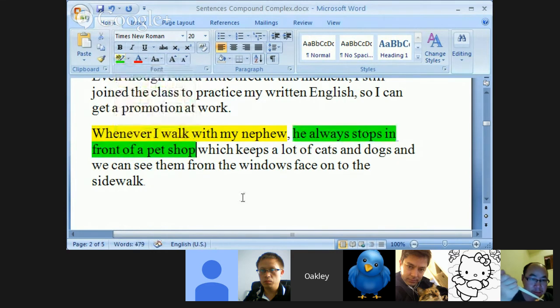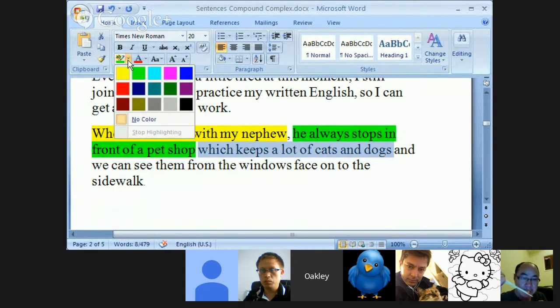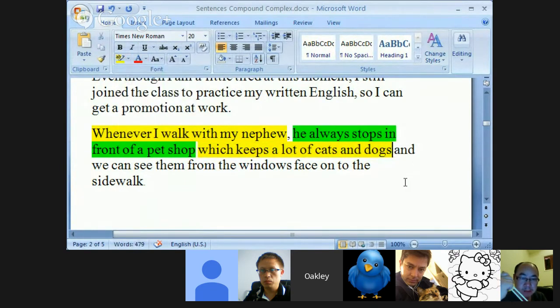Now, suddenly we run into the middle of the sentence. We have who, where, which, that. We have a relative pronoun, which also, as we learned yesterday, acts as a subordinator. So suddenly, which keeps a lot of cats and dogs, we have another dependent clause.